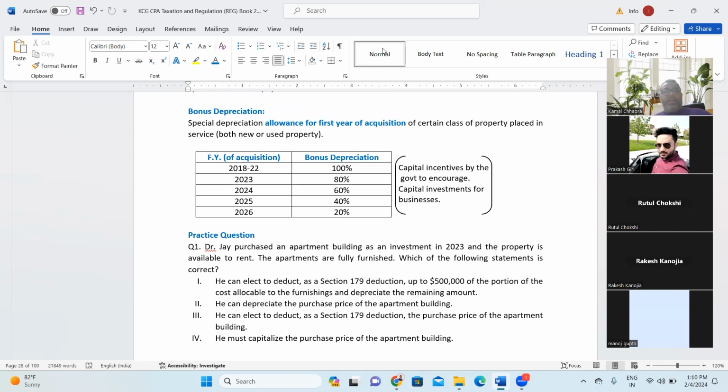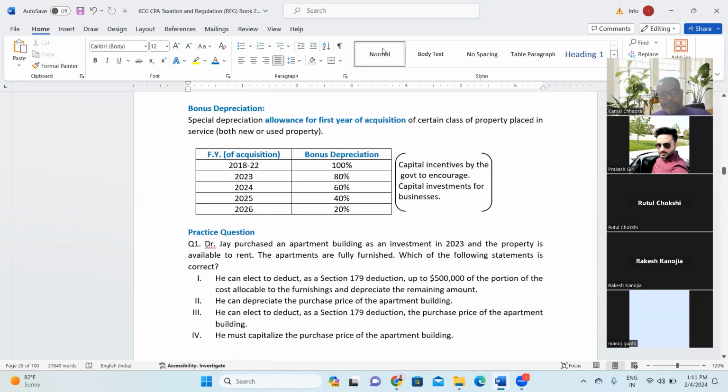Third is he can elect to deduct as a section 179 deduction the purchase price of the apartment building. Is there a condition of investment in a special area where he can use the section 179 deduction? This is not given in the question.